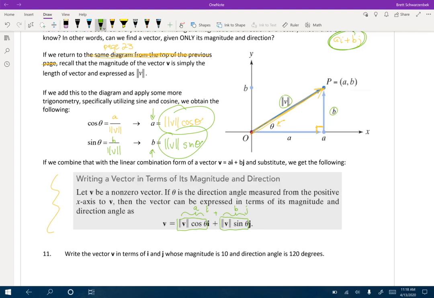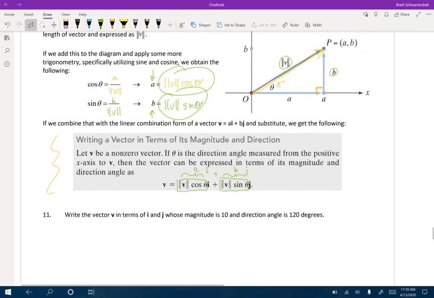So all we need to do is use this formula with the magnitude here, and the direction is going to be theta, and we plug it into the formula and we get what the vector is. So what does that look like?